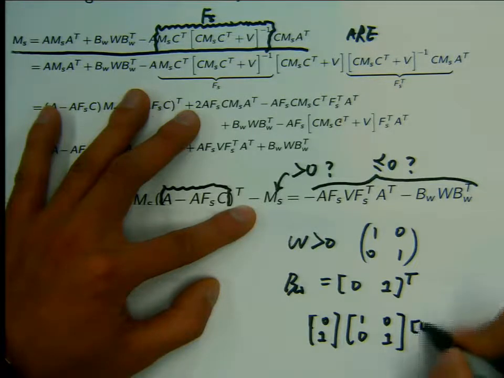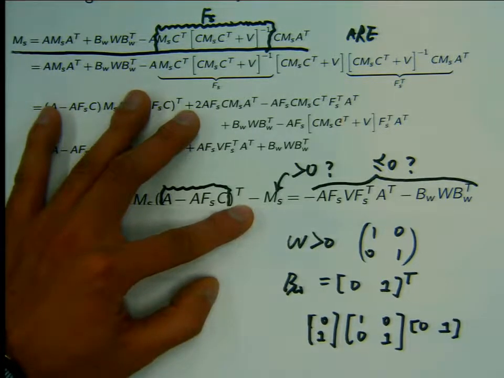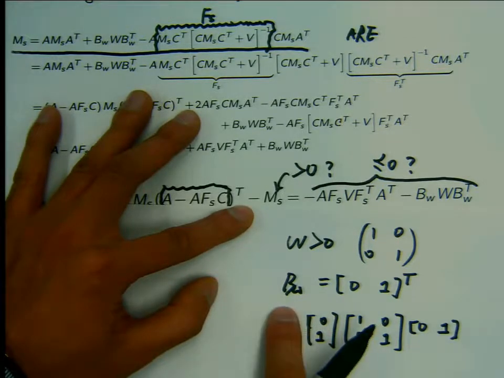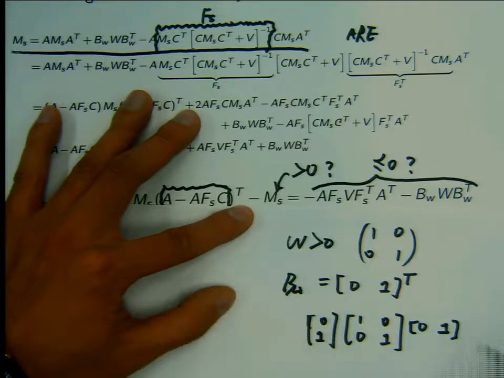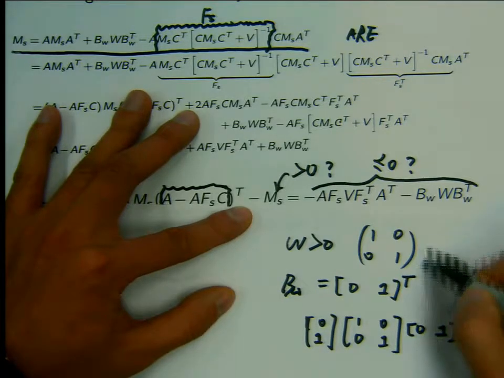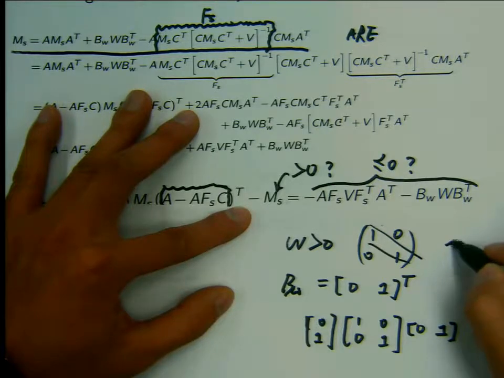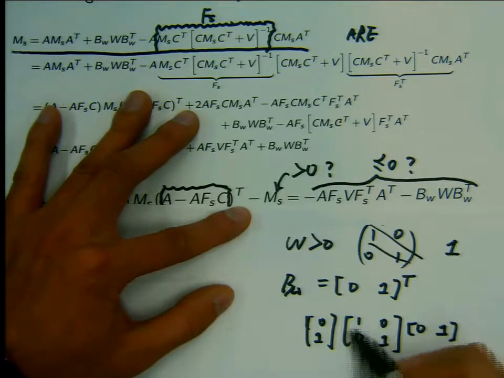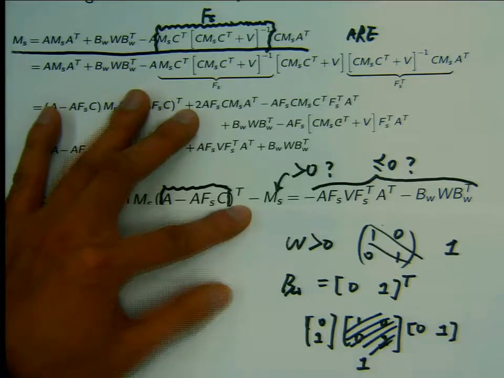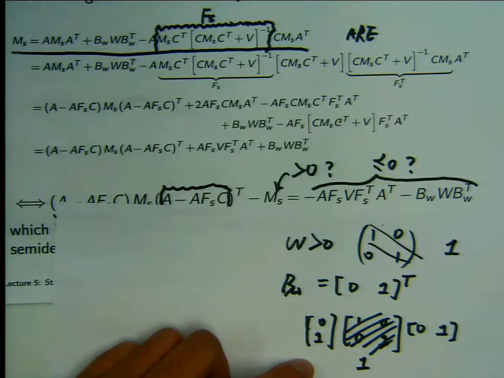And then on this side is 0, 1. Let's see. Oh, yeah, I made a mistake. BW in this case should be scalar. Yeah, let's say 1. I made a mistake there. Good catch. So is this matrix positive definite or positive semi-definite?